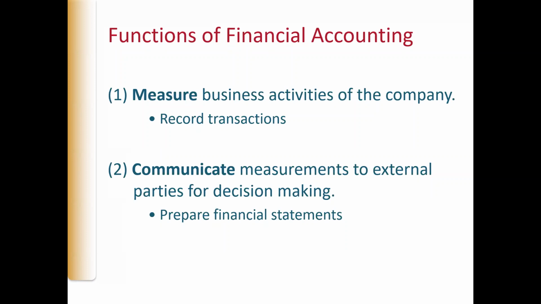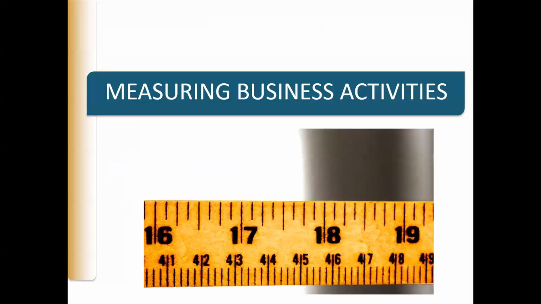Where are we going to put it? Is it an asset? Is it a liability? Is it part of stockholders' equity? And we come up with some information to record various transactions and ultimately present financial statements. And that's how we communicate information, by preparing these financial statements.